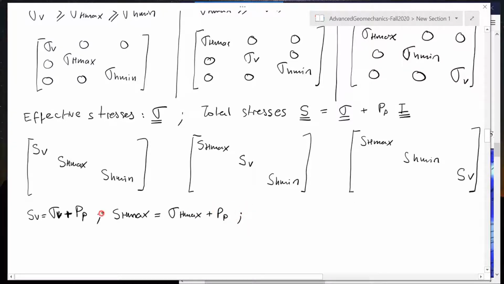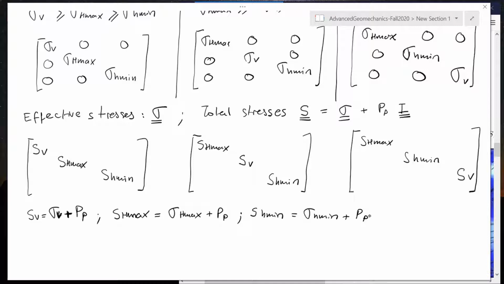And finally, SH min is equal to sigma H min plus the pore pressure. We're going to see in detail later on the distinction between effective stress and total stress.